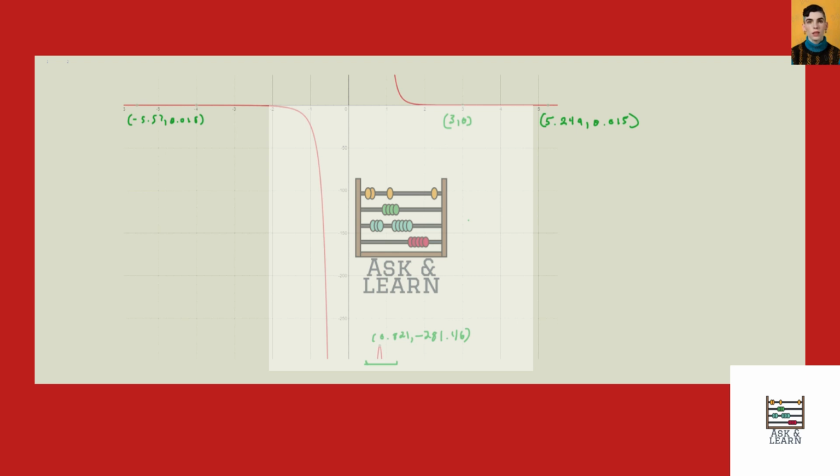To the left of our intercept of negative 4, we have negative 5.57 and 0.018. We know for sure that we have a minimum at 3, so we didn't really need to estimate that one. And then to the right of that, we have a maximum at 5.249 and 0.015.